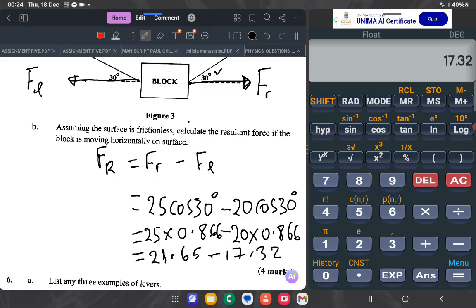So therefore the resultant will be 21.65 minus 17.32, which is equal to 4.33. So the resultant force is 4.33 newtons. Okay, so that's what we have.